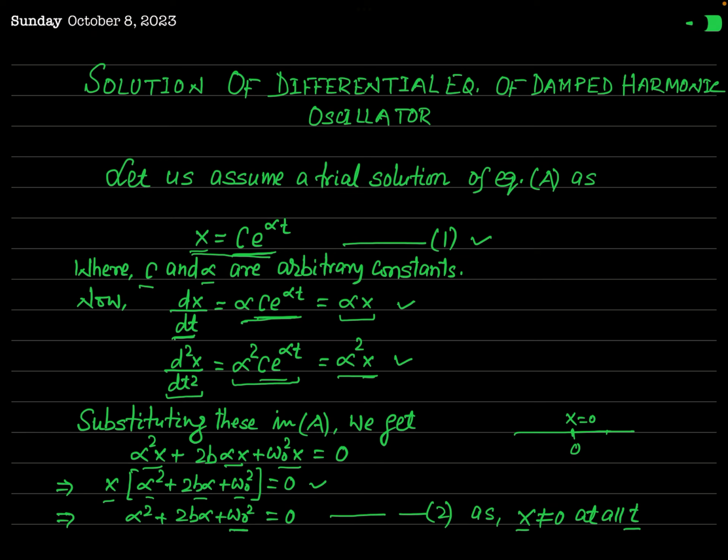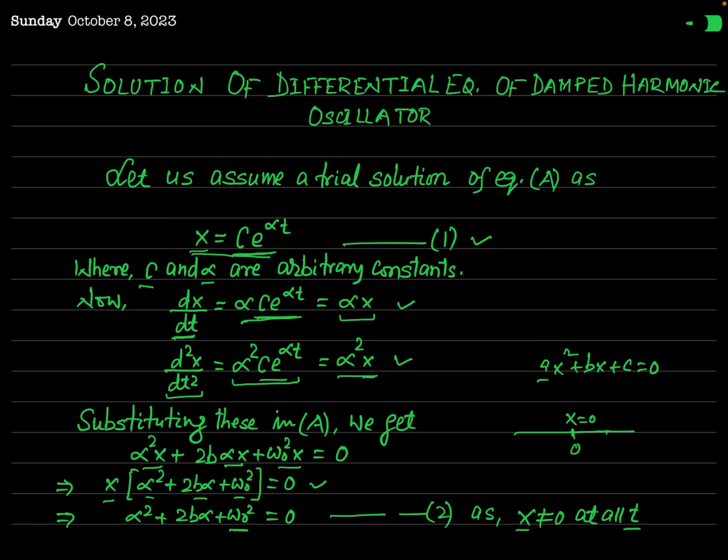In this equation, you can see that 2b and omega naught square are constants. And so, this is a quadratic equation in alpha. This is just in the form of ax square plus bx plus c equal to 0.